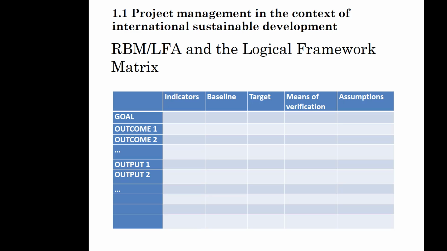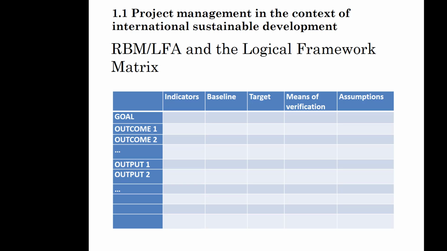So, for example, if we have the outcome that nourishment of children under 5 years old is improved in region X, in country Y, an indicator would be the number of undernourished children under 5 years old in that region.